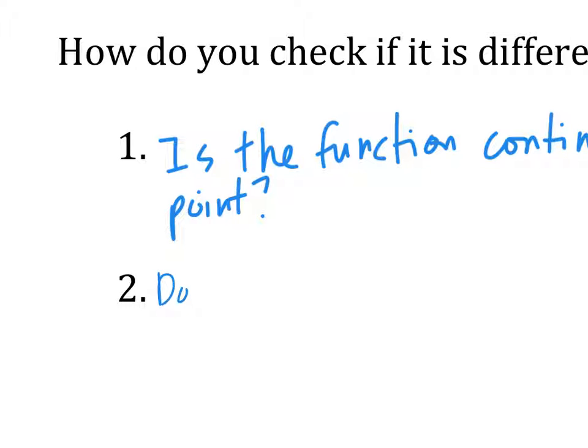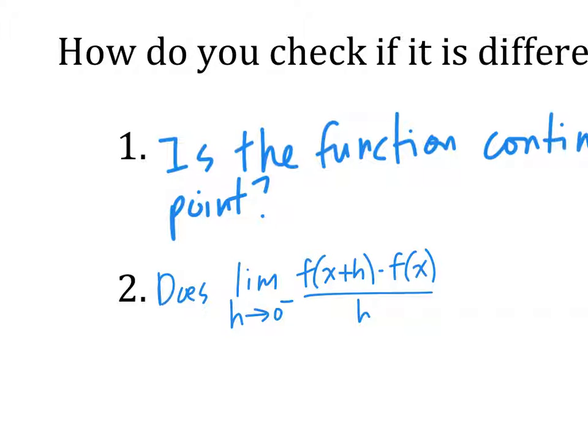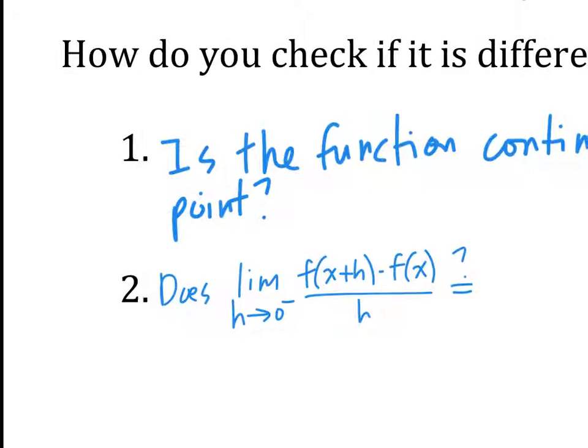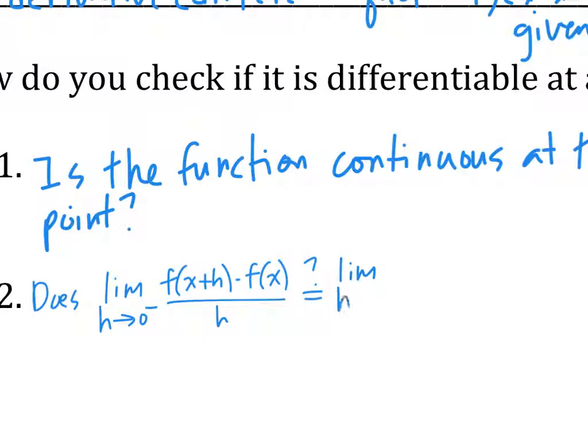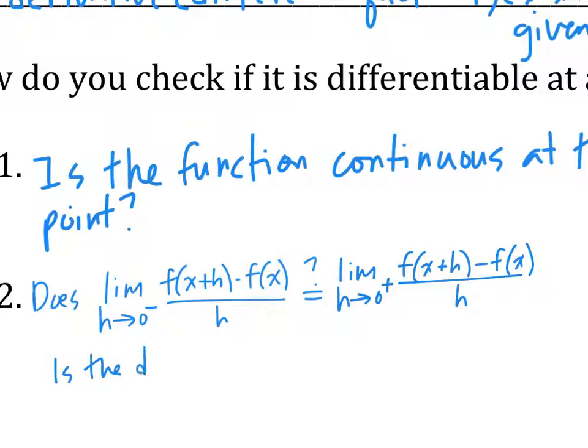Is the left-hand side derivative, that means the limit as h goes to 0 from the negative side of the difference quotient, equal to the derivative from the right-hand side? So it's basically saying, is the derivative on the left and right the same value?